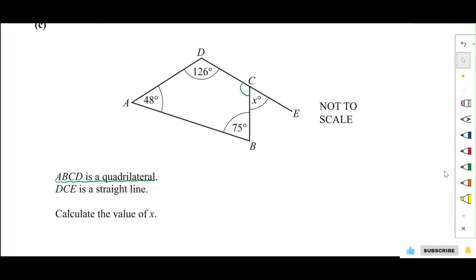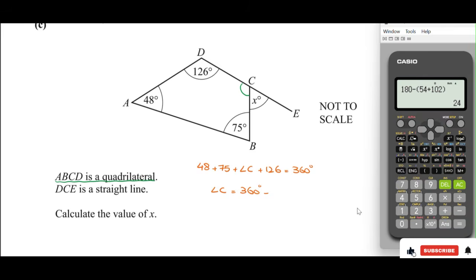So the sum of all four angles: angle A is 48, angle B is 75, we need to figure out angle C, and angle D is 126. Their sum should be equal to 360 degrees. So angle C is equal to 360 degrees minus the sum of the other three.